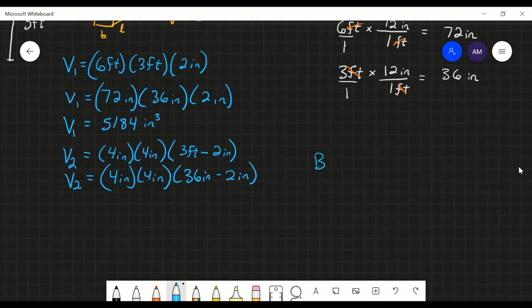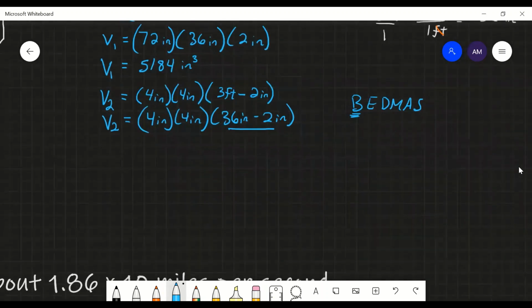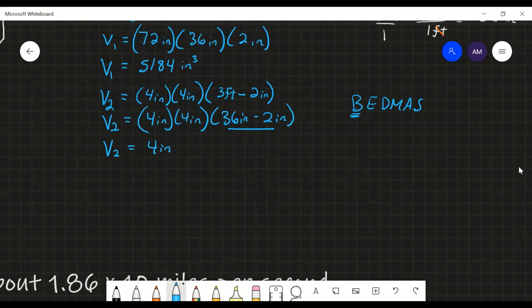If you remember BEDMAS, it says that you have to do the brackets first, meaning we have to figure out what 36 minus 2 is, which shouldn't be too bad. This will make 34. And now we multiply. So 4 times 4 times 34 is 544 inches cubed.